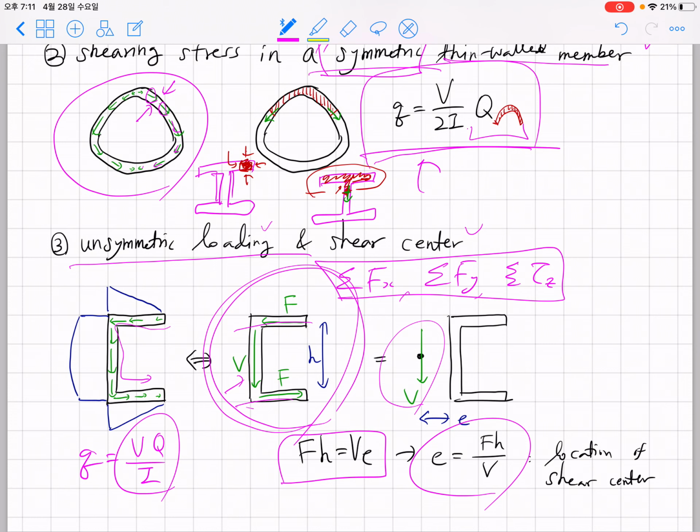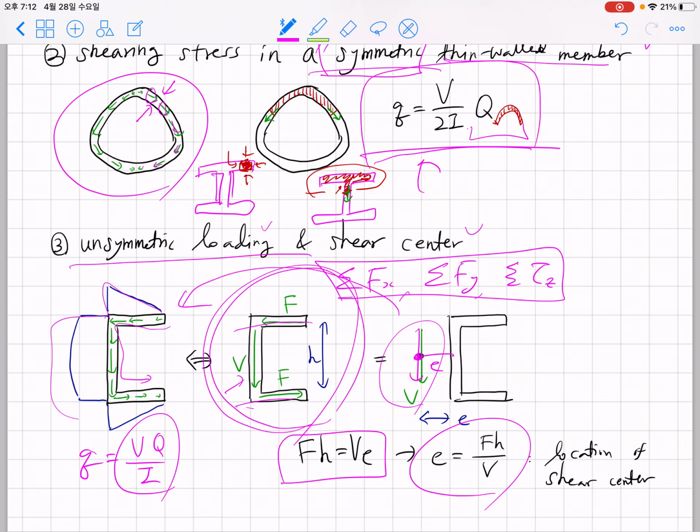Okay, and then we say that if the shearing force is applied at this position, at a distance e from the web, then it will follow this shearing stress distribution, and the distribution will be something like this. Okay, so this is the logic we have used when discussing unsymmetric loading.